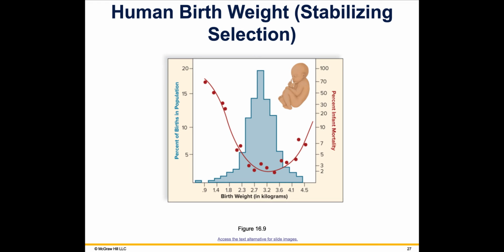We can have babies that are 3 or 4 pounds survive. We can have babies that are 10, 12, 13 pounds survive. But if you are naturally birthing a baby, that's still about the 7 pound range, which is going to be that stabilized selection, that best fit for the environment situation.